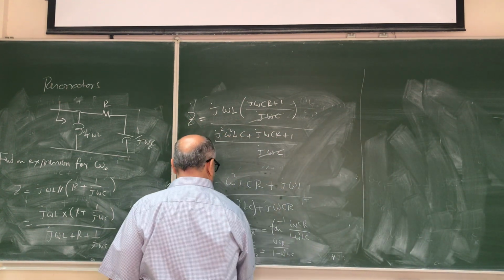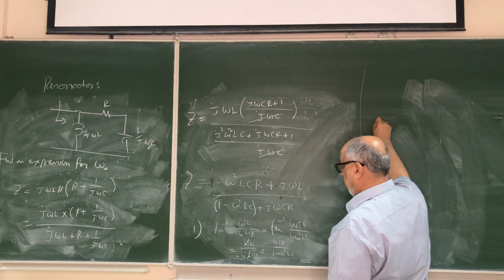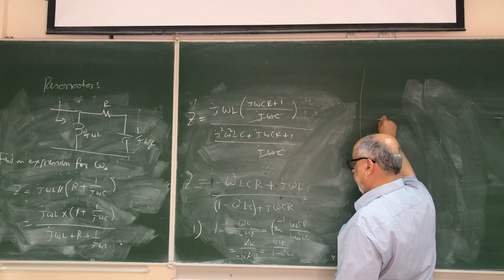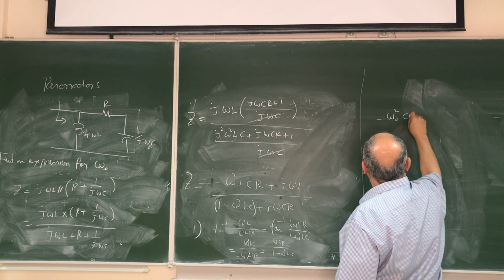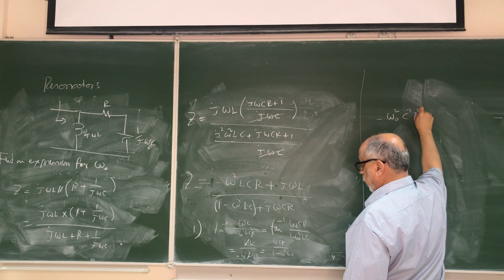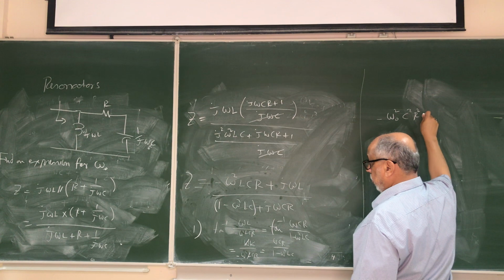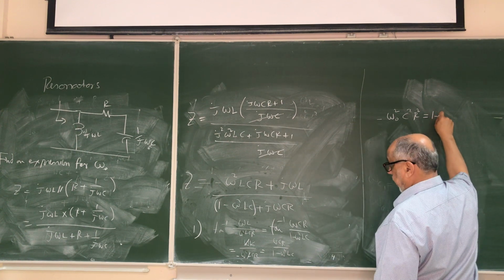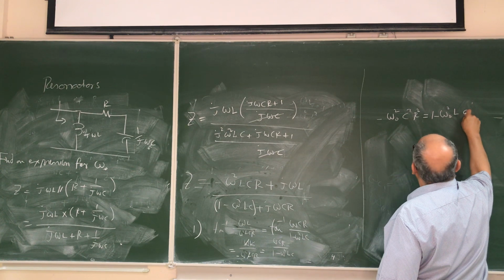So we have minus omega naught squared C squared R squared equal to 1 minus omega naught squared LC.